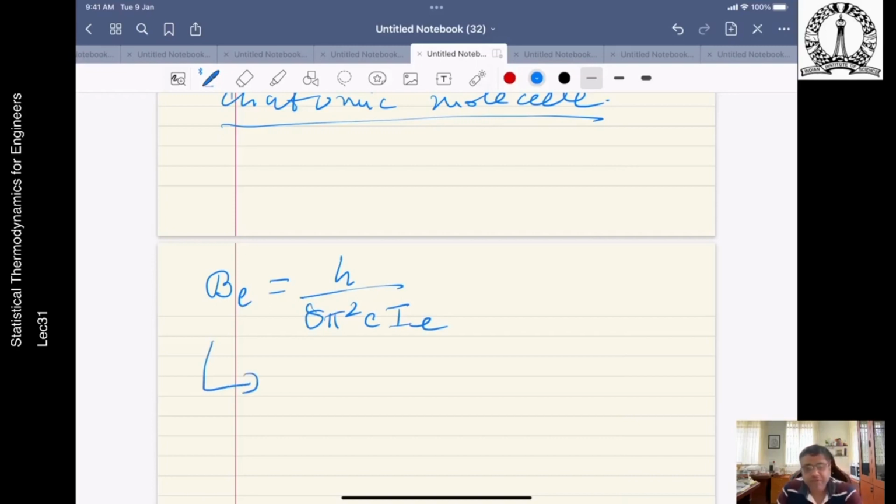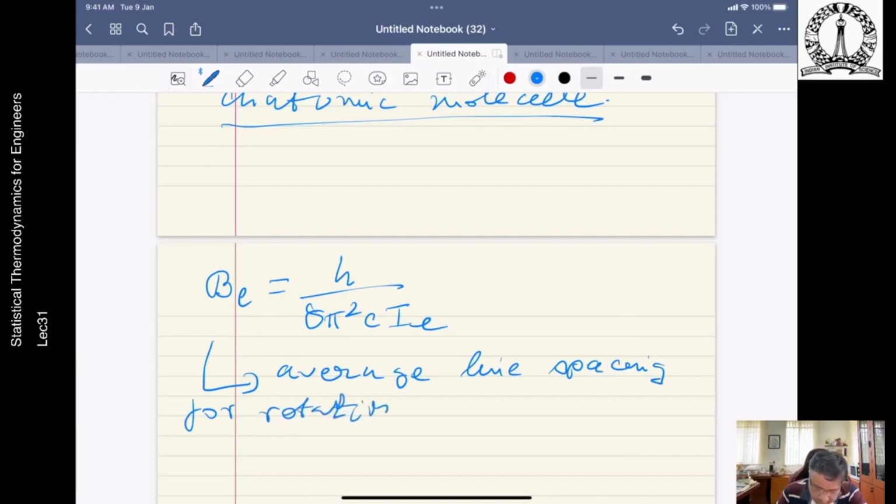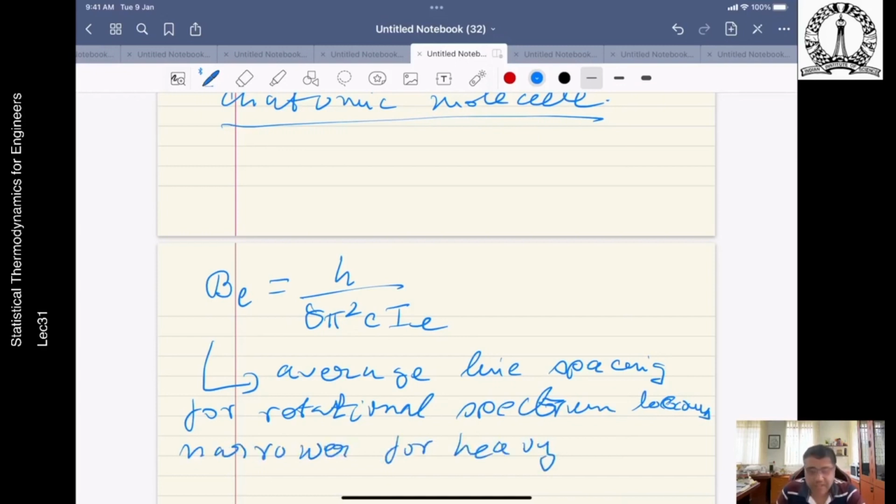This gives out important information: the average line spacing for a rotational spectrum becomes narrower for heavy molecules, for heavier molecules.